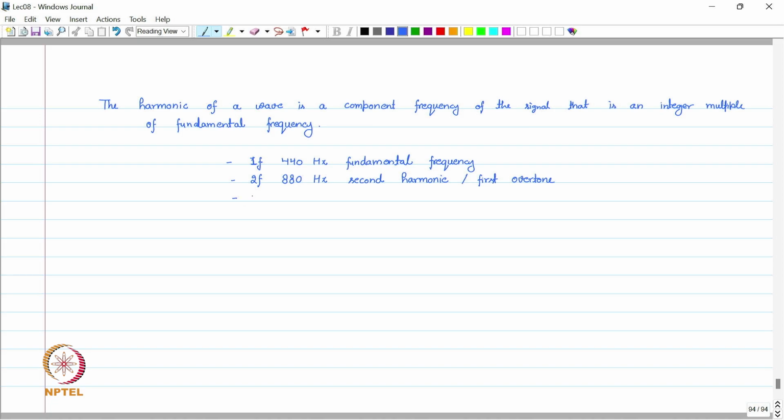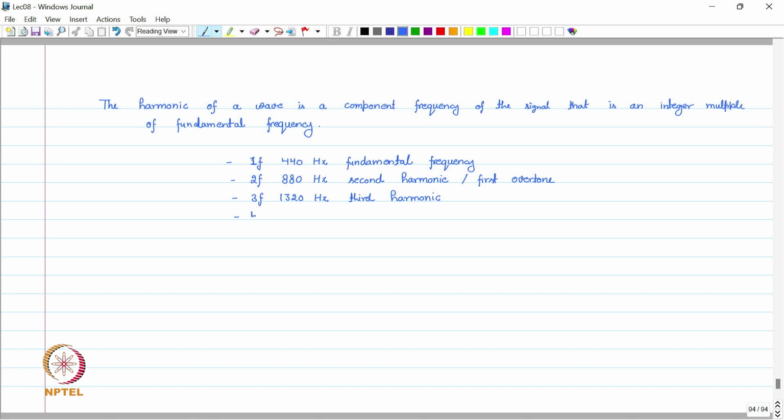And then we get a third harmonic, which is 3 times f, 3 times 440 means 1320 hertz. This is the third harmonic, and the second overtone.